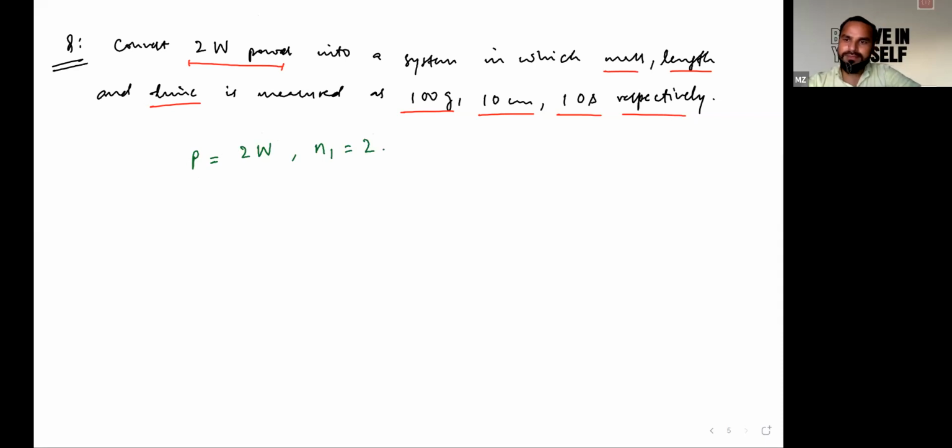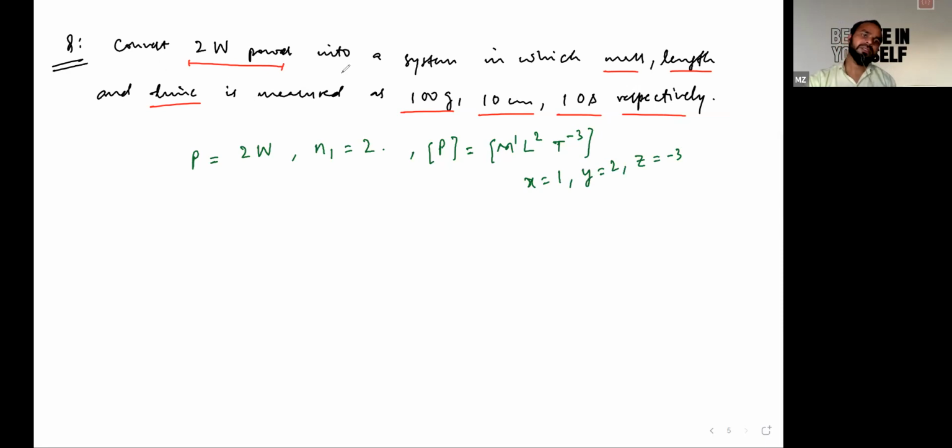The next part is the unit of that particular power, which is watt, or to define the dimension formula of this particular power, it would be M L square T raised to the power minus 3. So the exponent of M is 1. So we can write x is equal to 1, y is equal to 2, and z is equal to minus 3.